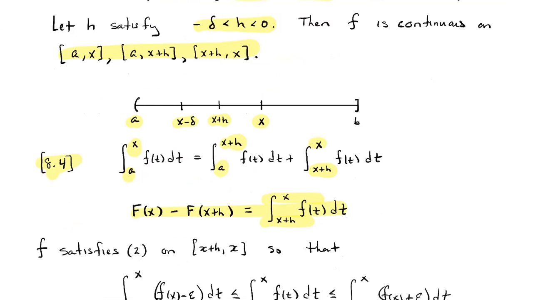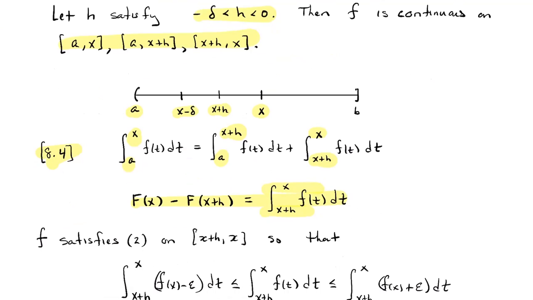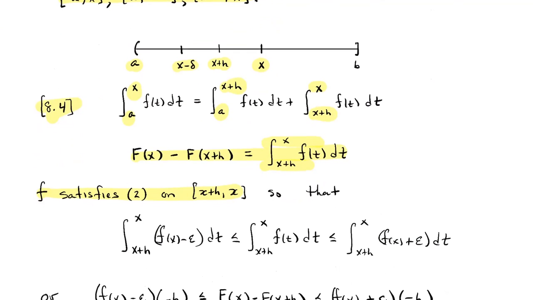But now applying equation 2 up there, our function satisfies 2 on that interval. So the order property of integrals gives us those three things, right? So just kind of integrate from x plus h to x, if you like, across to equation 2.